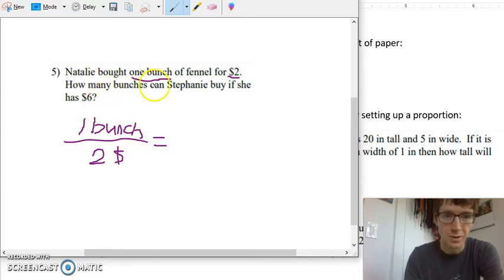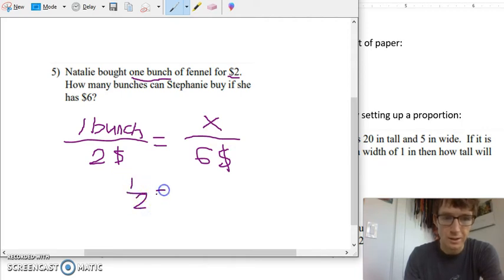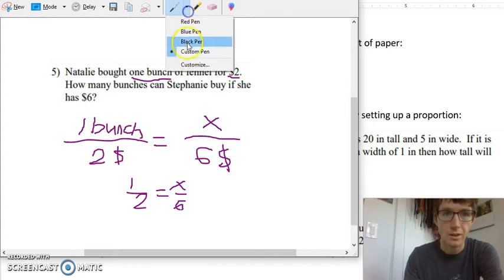So how many bunches can Stephanie buy if she has $6? So $6, and then how many bunches? I'm going to put an X here, X bunches. So basically, our proportion is just 1 over 2 is equal to X over 6. Now, how do we solve that?